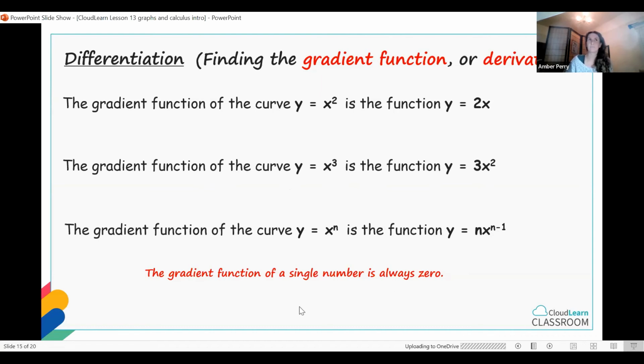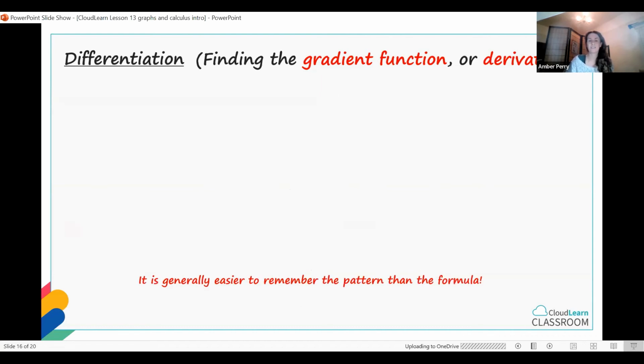So if you consider the graphs that we looked at earlier, when we were moving them around on Desmos, so we had y equals x squared, and then if we did y equals x squared plus 2, it just jumped up 2, but it didn't change the graph in any way. It moved the graph, but it didn't change it.